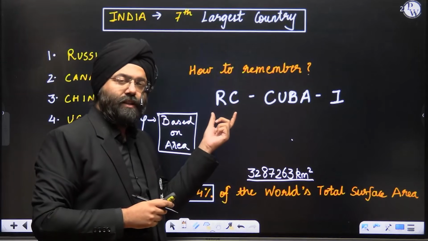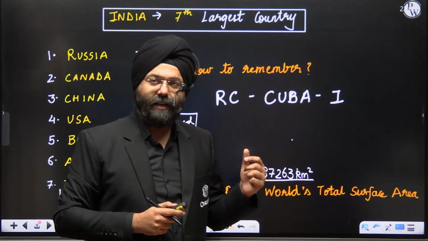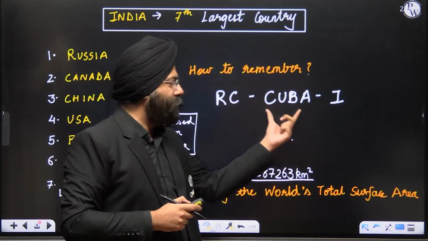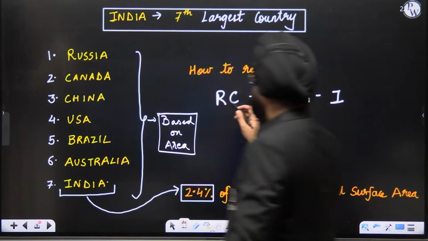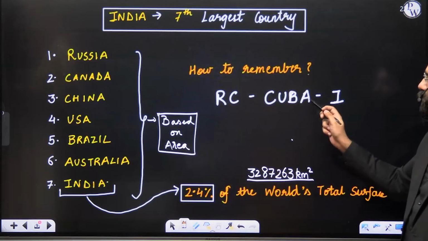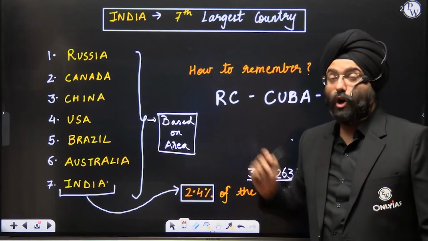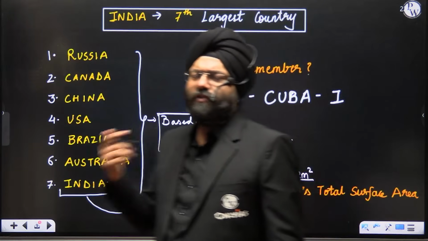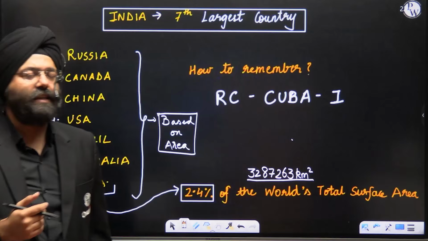Royal Challengers went to Cuba Island. I'm repeating it again: Royal Challengers went to Cuba Island. What is here? Russia, Canada, China, USA, Brazil, Australia, India. So this is a way you can remember this particular order, useful for your preliminary examination and as general information that you should know, because it is very categorically mentioned in your NCERTs.